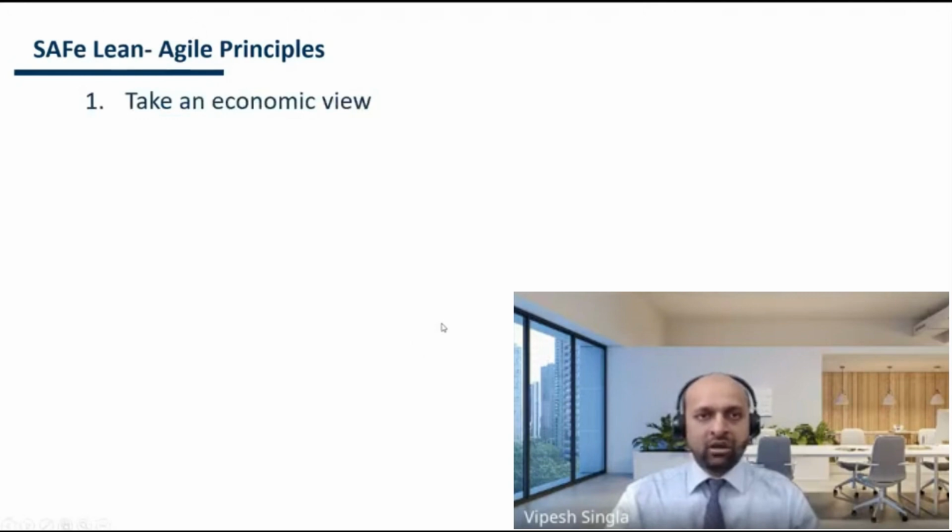The first SAFe principle is take an economic view. This principle emphasizes that decisions should be taken based on economic consideration, and that the primary goal of any development effort should be delivering value to the customer.